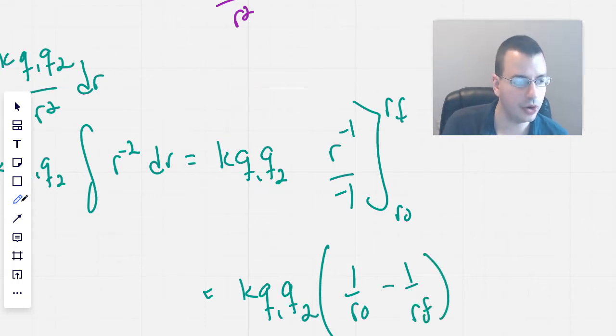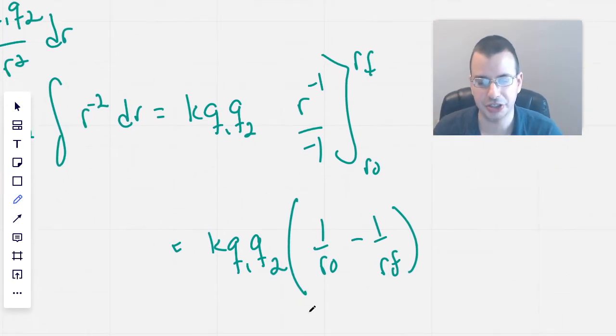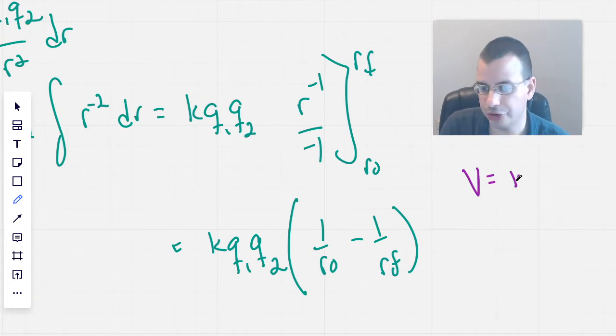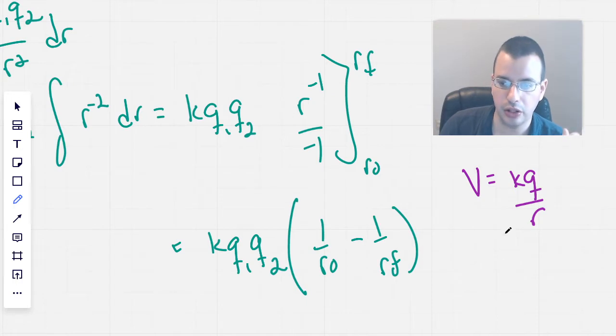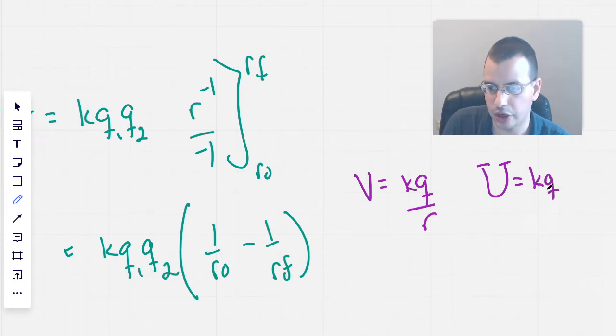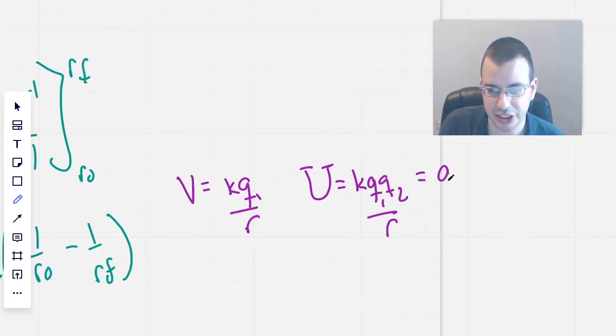Now, one of the things you normally see for the definition of voltage or potential energy is something like voltage equals KQ over R. That's the voltage, and then potential energy will be K Q1 Q2 over R. What that really is, is the charge, whatever charge you have, times the voltage.